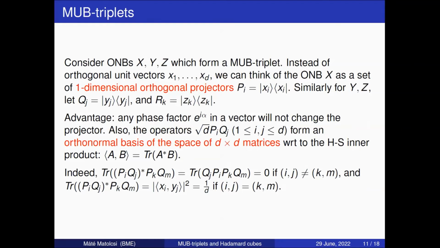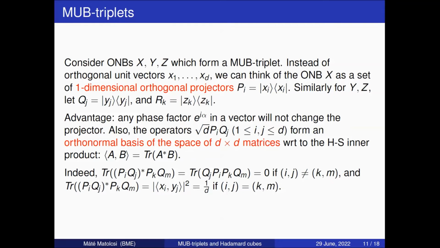I'm using the physicist notation again, so instead of a vector xi in the orthonormal basis X, I take the projection onto the one-dimensional line spanned by xi, with Qj and Rk corresponding to the orthonormal bases Y and Z. And then the one advantage is that any phase factor will cancel out. So if I think of a concrete vector, I can multiply it with a phase factor, but the projection remains the same.